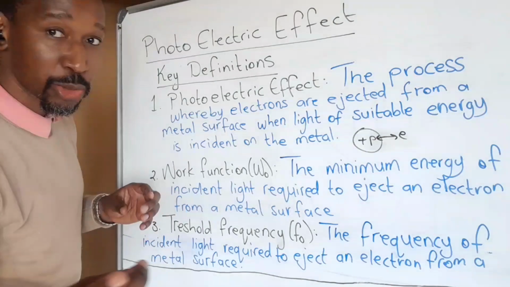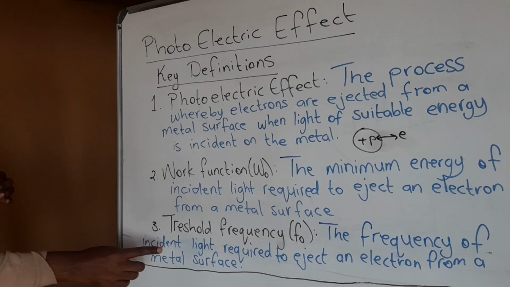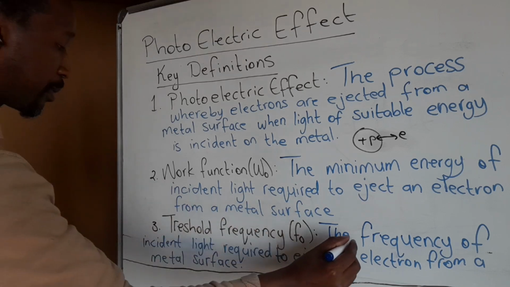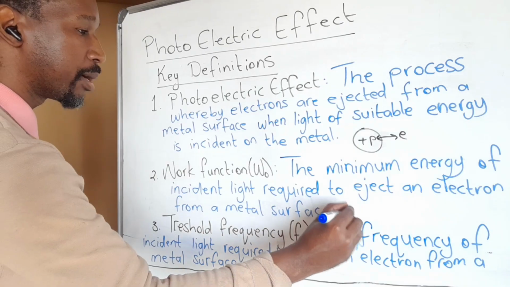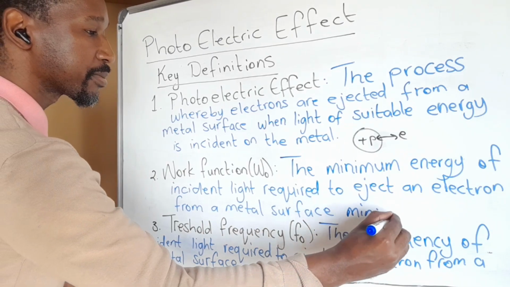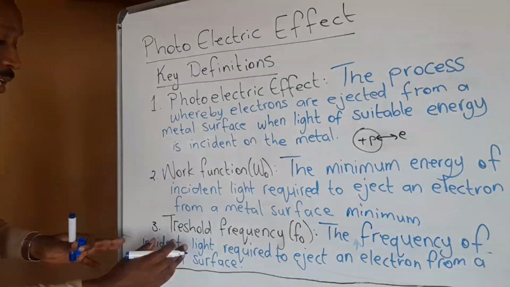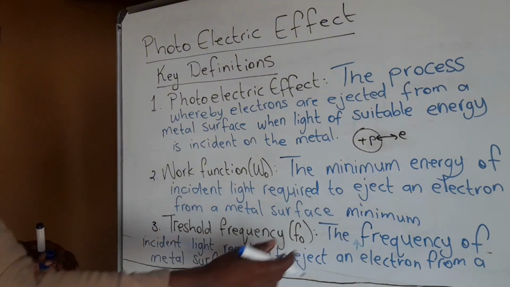So let's look at the last one, which is related. Threshold frequency. Threshold frequency is the minimum frequency of light, incident light, required to eject an electron from a metal surface.